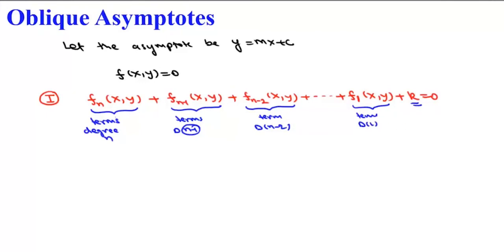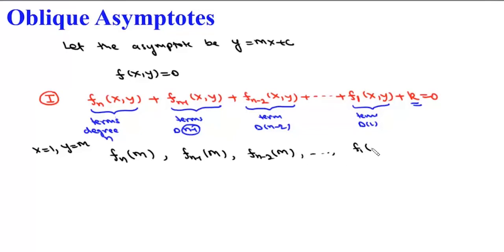After this, we'll put x as 1 and y as m. If we put x as 1, it's a function of one variable, so we'll write f_n(m). In the same way, we can write f_(n-1)(m), f_(n-2)(m) up to f_1(m). So this is our first step.